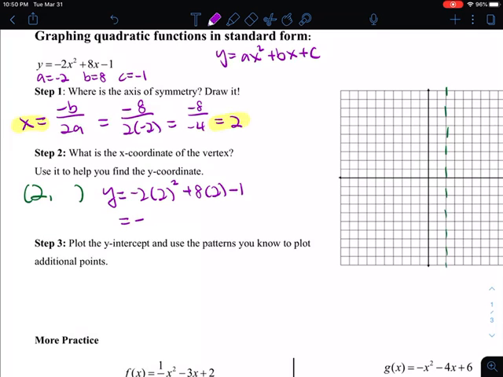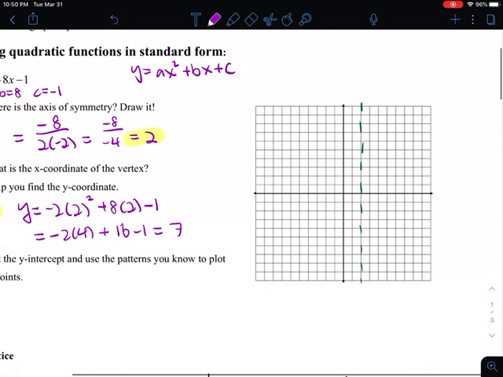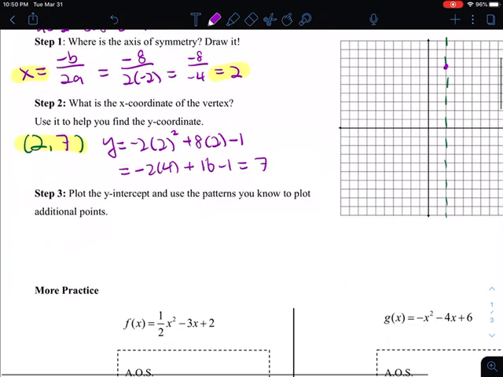So I get negative 2 times 4 plus 16 minus 1. So that looks like 7. So my y value is 7, and there's my vertex, 2, 7. And let's go ahead and graph that as well. So 2, 7 should be all the way up here.